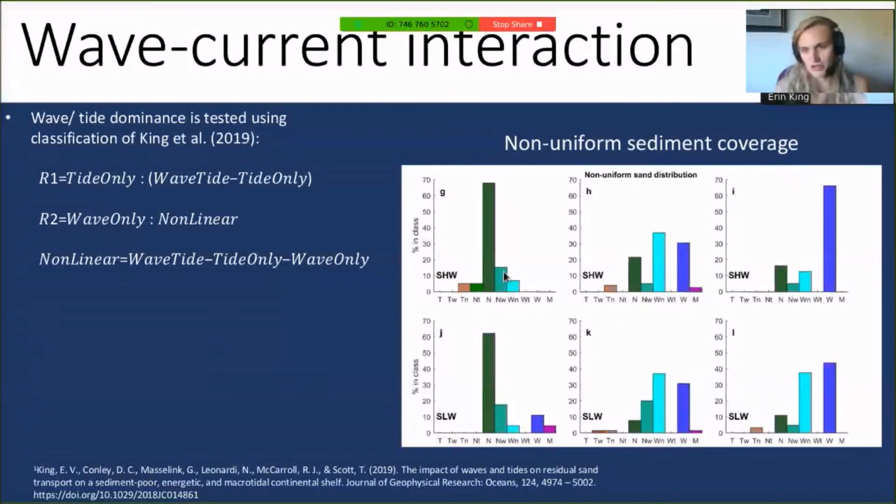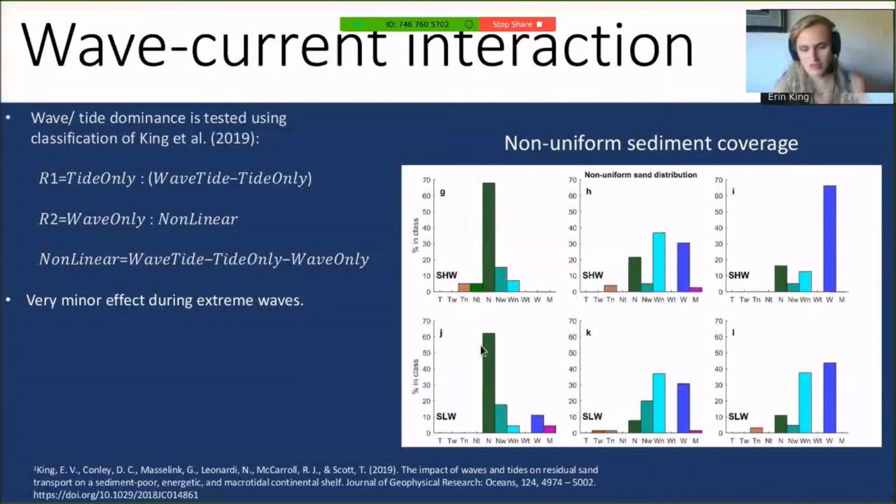And here it is for non-uniform sediment coverage. Again, we have a larger peak in the wave dominance here, but we haven't got sediment suspension by amplified currents off the headland toe because there's no sediment off the headland toe. But we still have that peak of nonlinear wave-current interaction here in the median wave conditions.